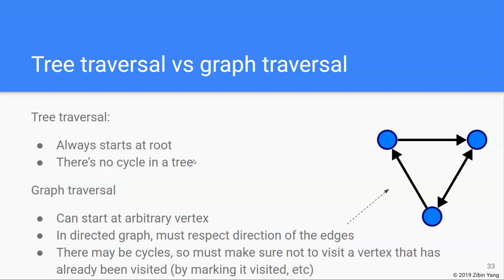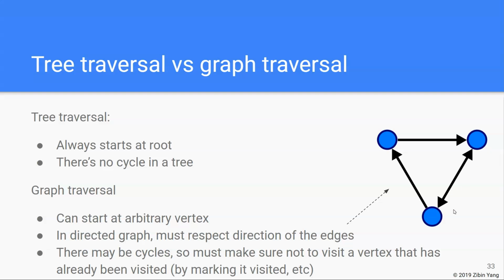And lastly, while in a tree there cannot be cycles, in a graph there can be cycles. So in something like this, right? And when there are cycles, then if we do exactly what we did in tree traversal just now, we would actually traverse or loop forever.